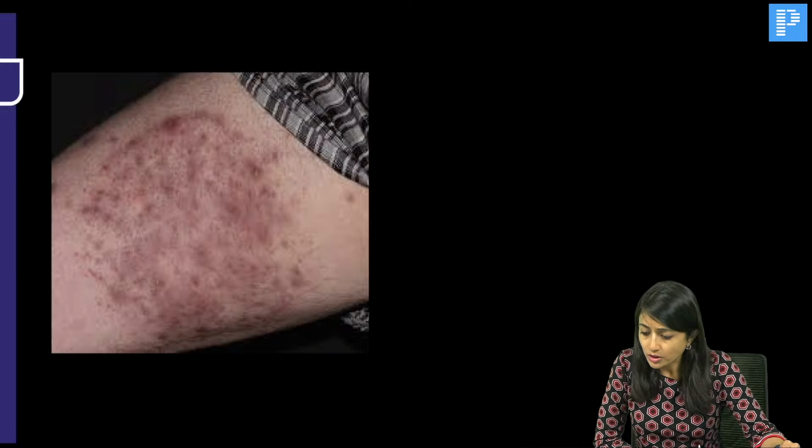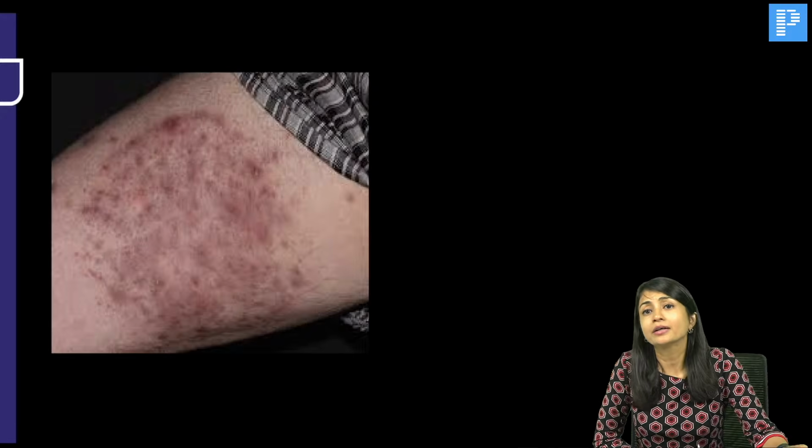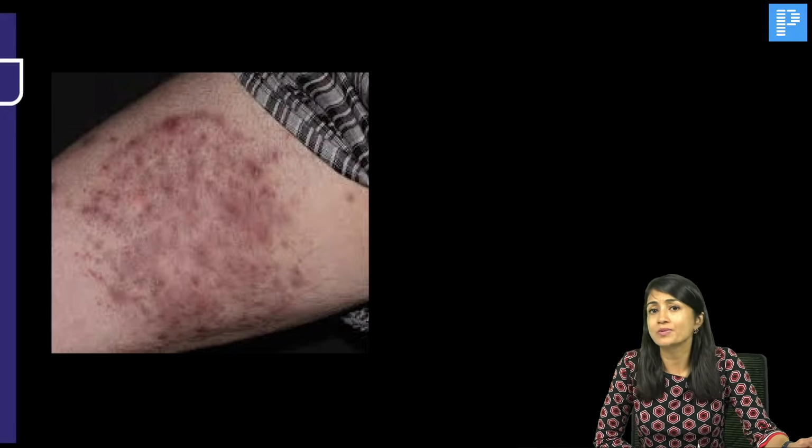So, what would be your diagnosis? Yes, so the patient has applied some OTC medications and is giving history of recurrent, or relapsing remitting, lesions which are present on the thigh and are itchy.